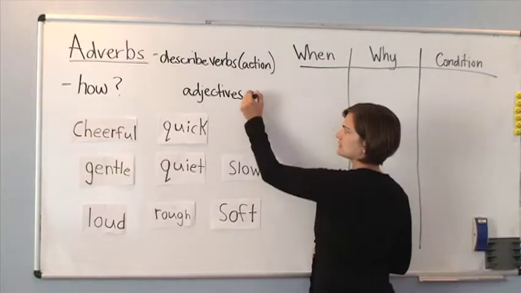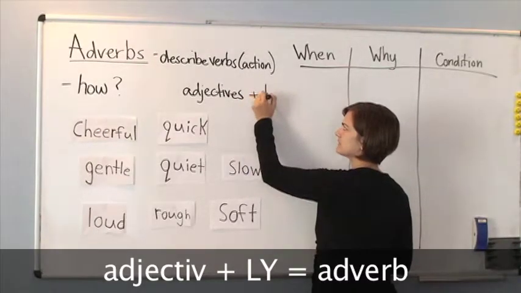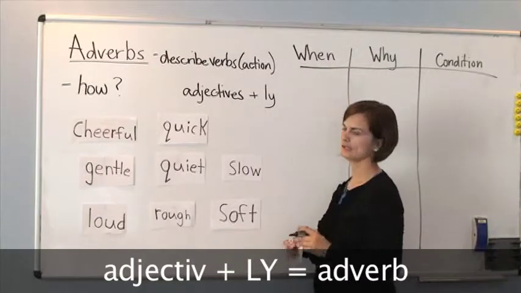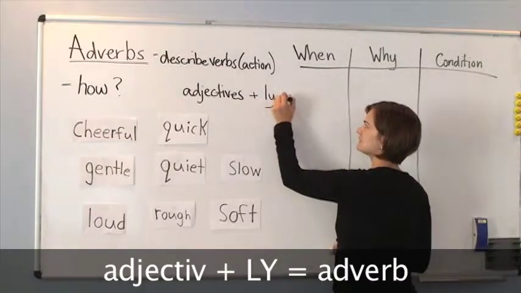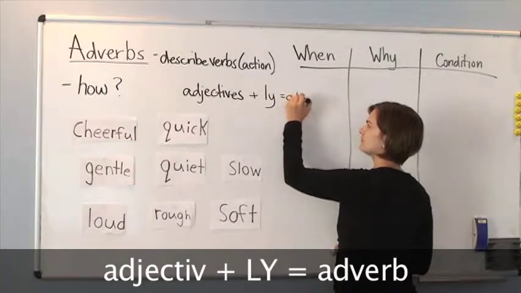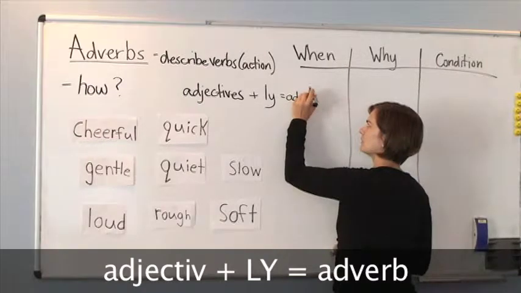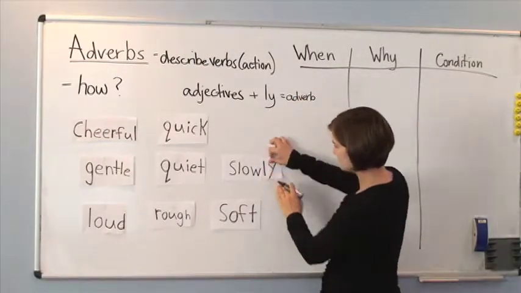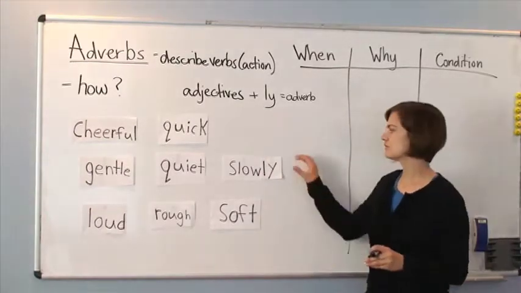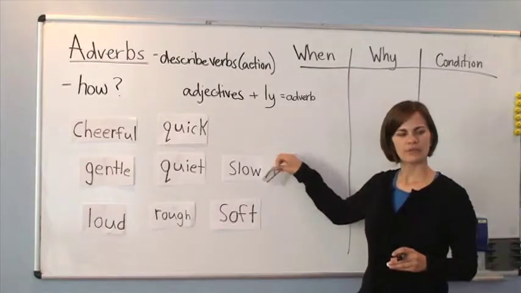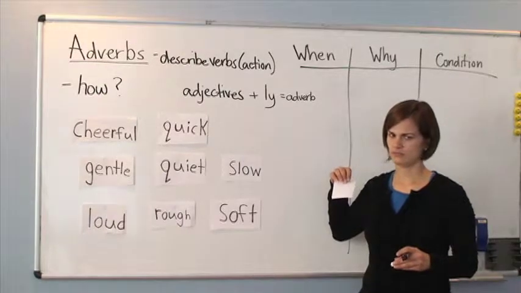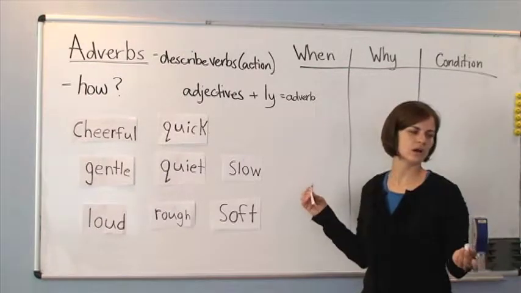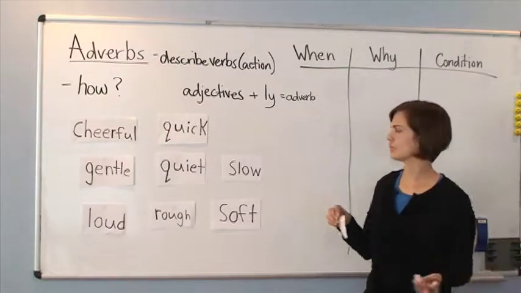When I take an adjective and add the suffix ly, I get an adverb. Watch this. Slow becomes slowly. What if I said, the slow car drove on the road?